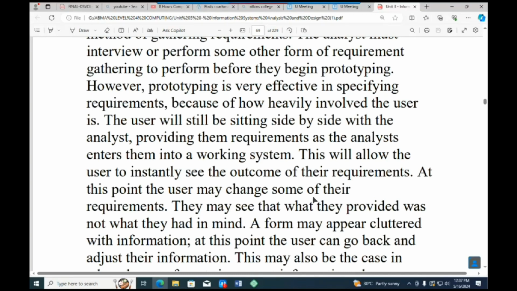Now, the user in this prototyping will still be sitting side by side with the analyst. They provide them the requirements. Then the analyst enters those requirements into a working system, and this is going to allow the user to instantly see the outcome of their requirements.